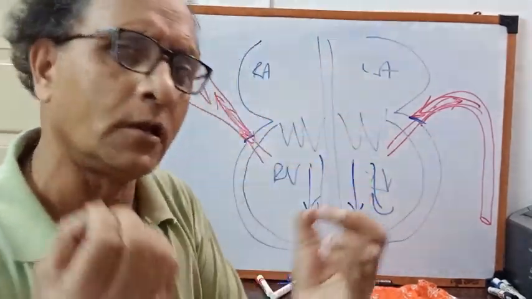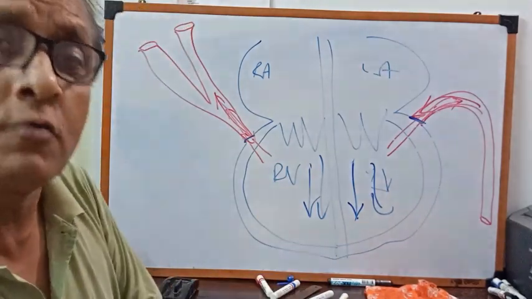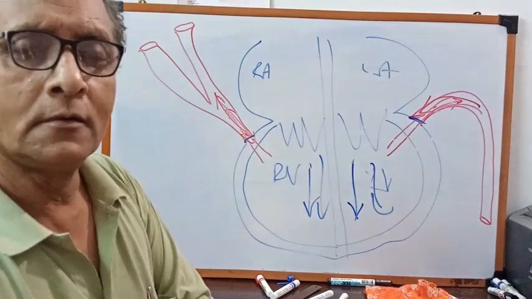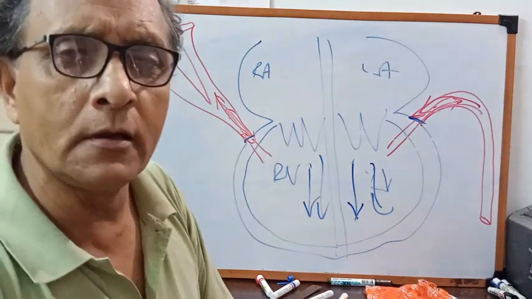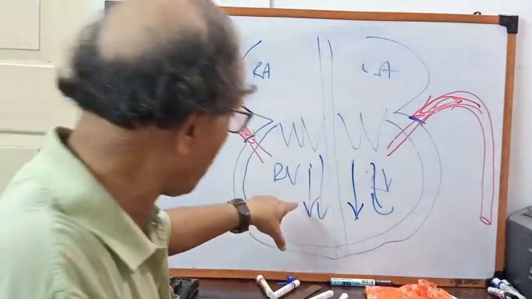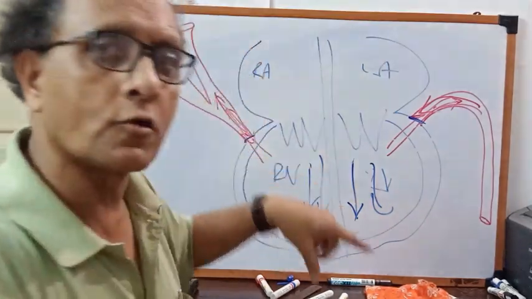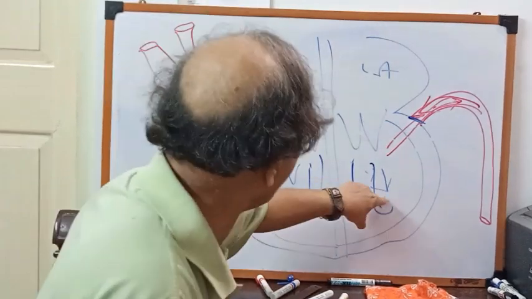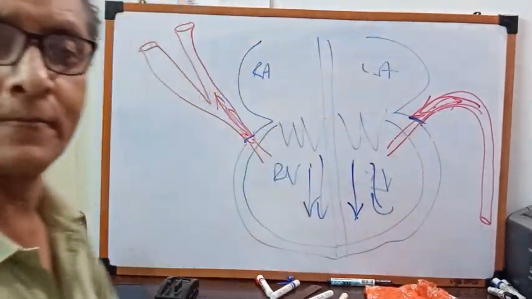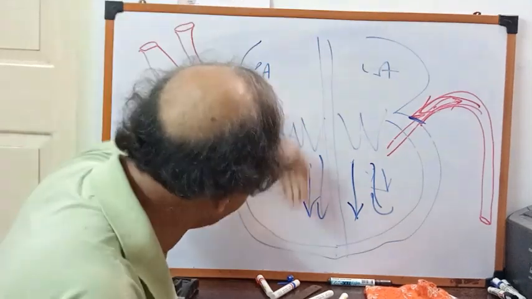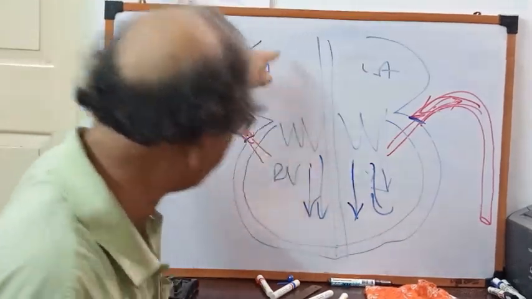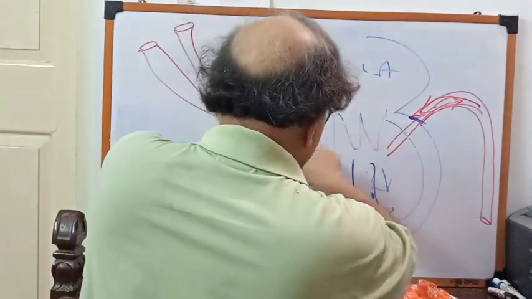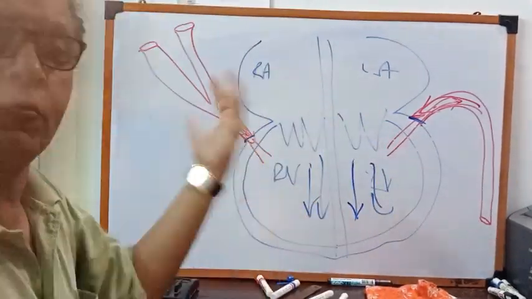We know atrial pressure is very low, 2 to 5 millimeter of mercury only. So it will go below 1 to 2 millimeter of mercury, or may even reach zero. As soon as it becomes lesser than the atrial pressure, there will be a positive atrioventricular pressure gradient, and with that pressure gradient, the tricuspid and bicuspid AV valves will open.